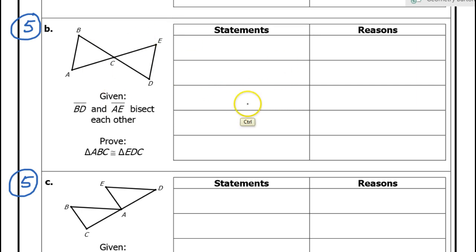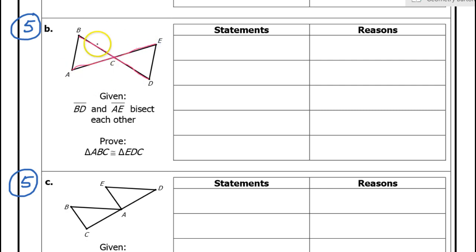Okay, so we have another little proof to do. Given BD and AE bisect. Whoa, this is blank. All right, we have to do this whole thing ourselves. Watch carefully. So BD and AE bisect each other. We're talking about this segment, that's BD, and this segment, that's AE. They bisect each other.